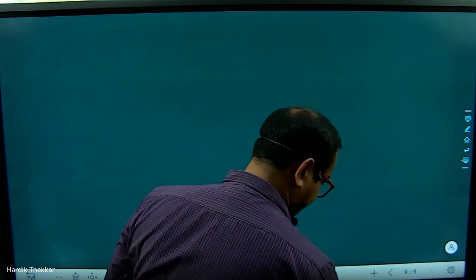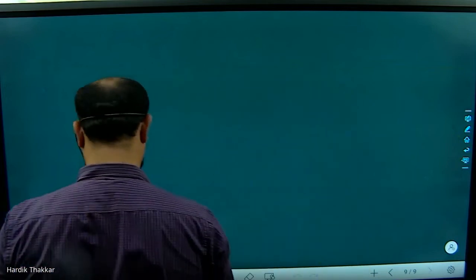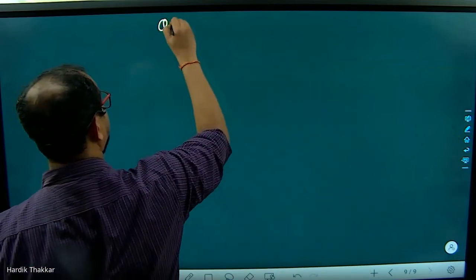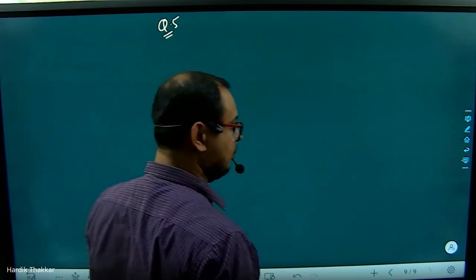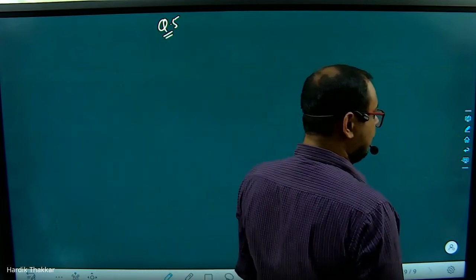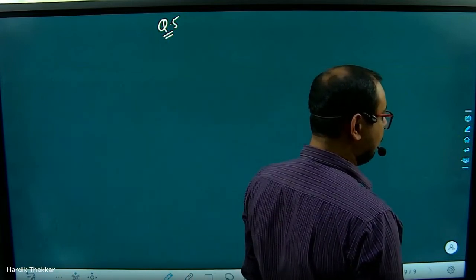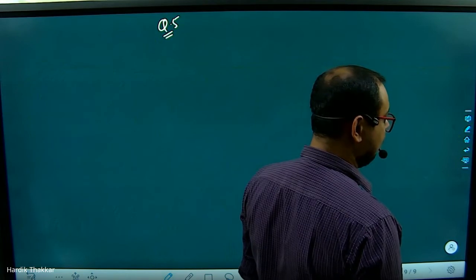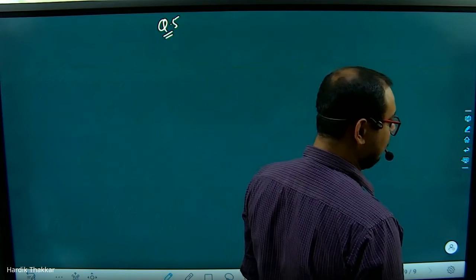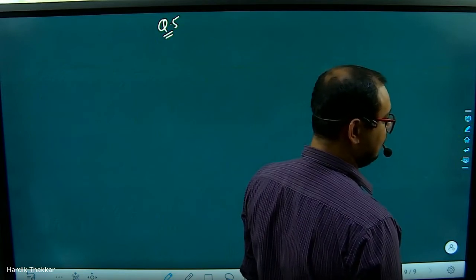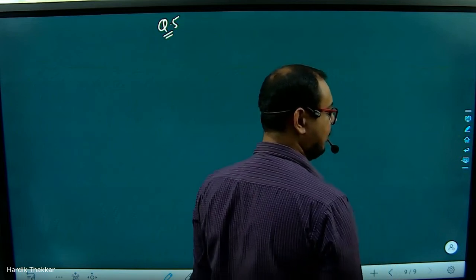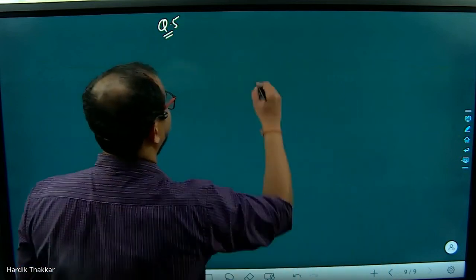Question number 5. So what is given in fifth question? The ratio of speed of motorboat in still water and that of current in water is 25 is to 4. So what is this 25 is to 4?